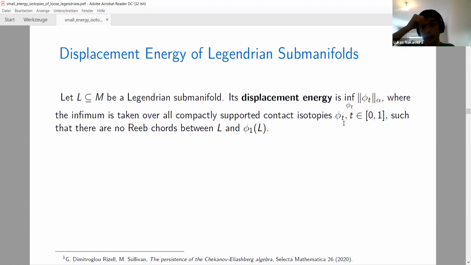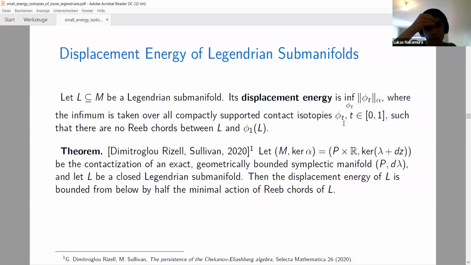And so in general, it is expected that for many contact manifolds, all closed Legendrians should have a displacement energy which is larger than 0. And in some cases, this is actually known.